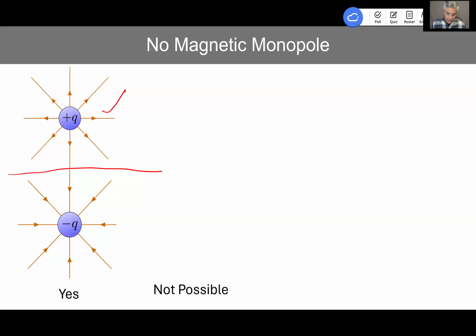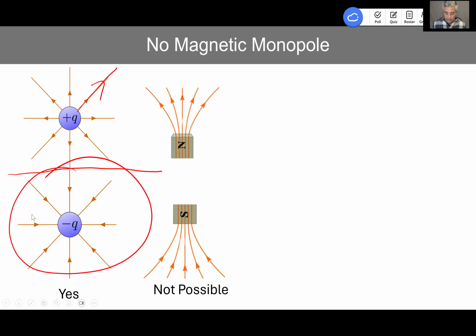Okay, so these are the field lines of a single positive charge and a negative charge. For a positive charge, field lines are getting out. For a negative charge, they are getting in. So they can independently exist, okay? But let's say I try to say there is a north and a south, like a positive and negative charge, this kind of thing is not possible.